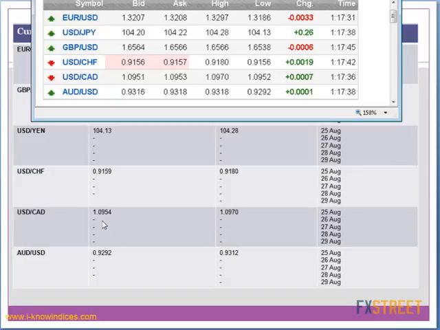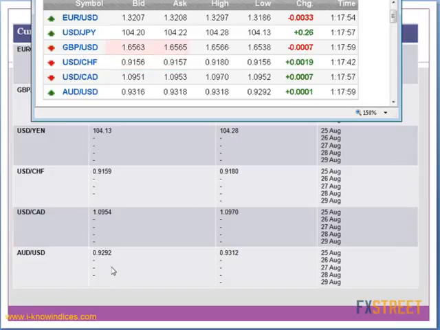Then in the case of Canadian dollar, 1.0954 was the initial low. They just cut it by 2 pips at 1.0952, and this comes to 1.095153 level, slightly below that of the initial low. And the high was 1.0970. They are holding it.